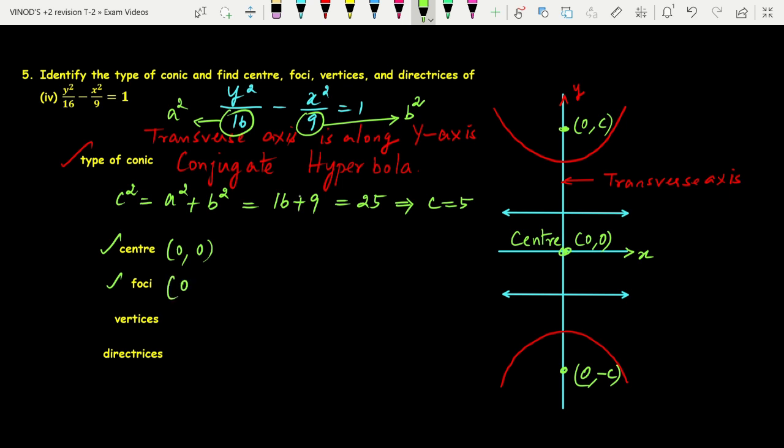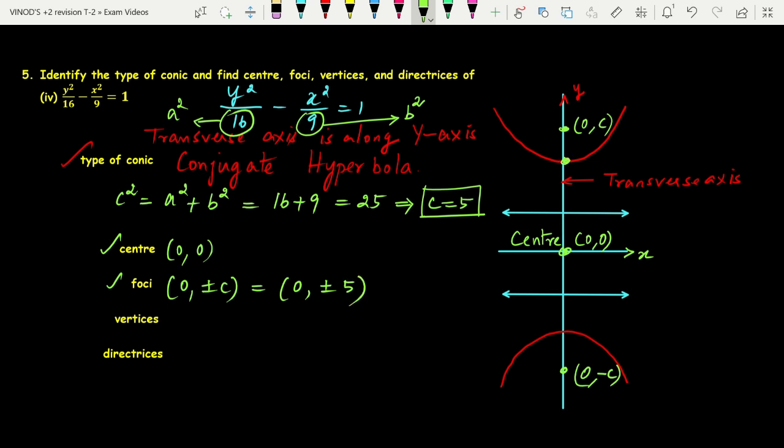So the foci is 0, plus or minus c, where c value is 5. So substituting that, the coordinate for foci is 0, plus or minus 5.